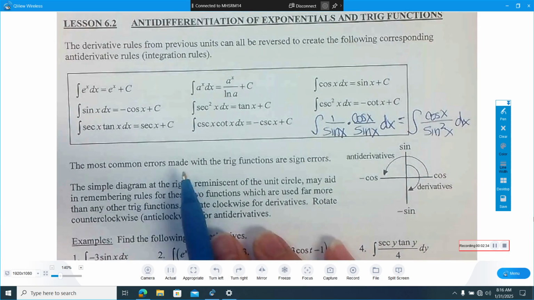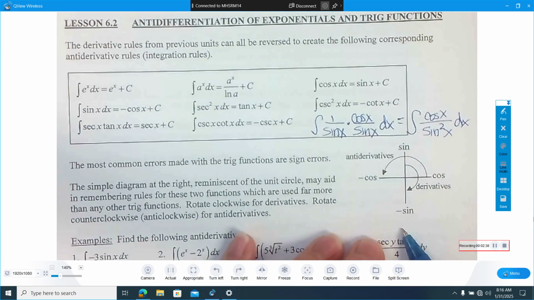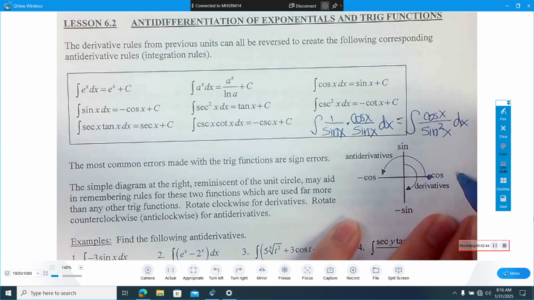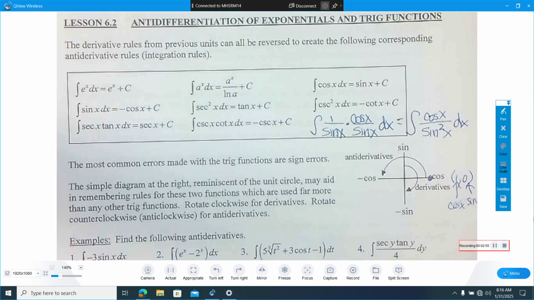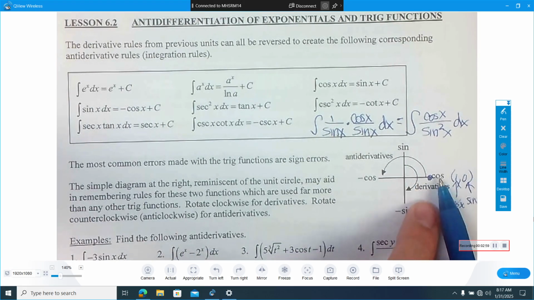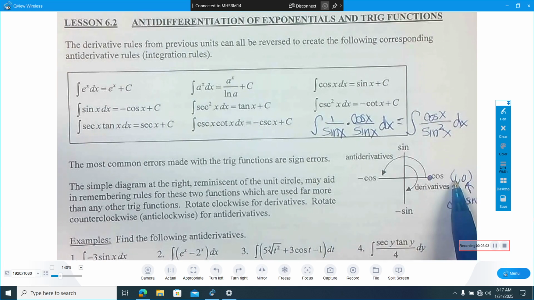But shouldn't be too bad. The most common errors made with trig functions are sign errors. So this comes from the unit circle. If you think about the unit circle, this point is 1, 0. And if you'll remember, cosine of x is the x coordinate, and sine of x is the y coordinate. As you move around, these cosine values are all positive.